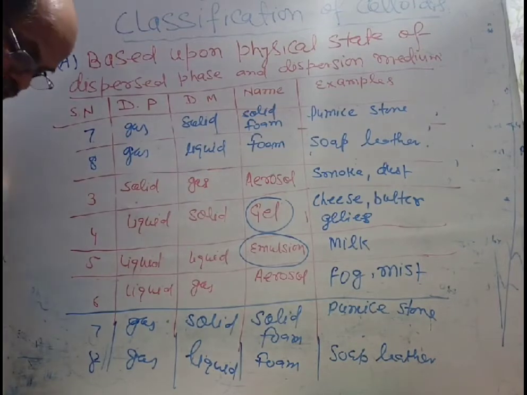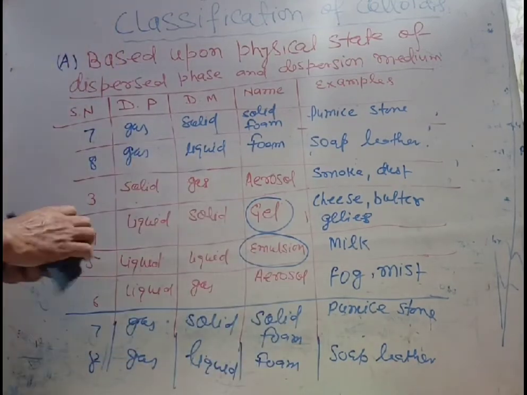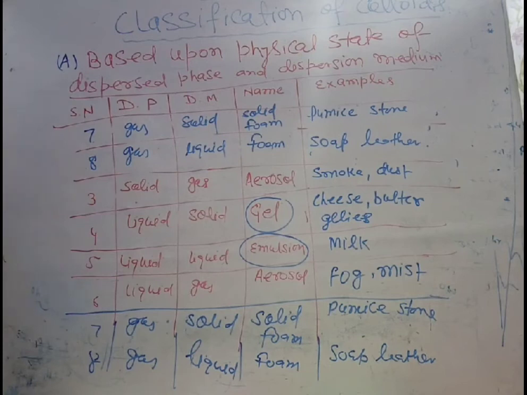Right. Now, on the basis of the nature of dispersion medium, on the basis of the different types of dispersion medium, we also give some special name to the colloidal solution.